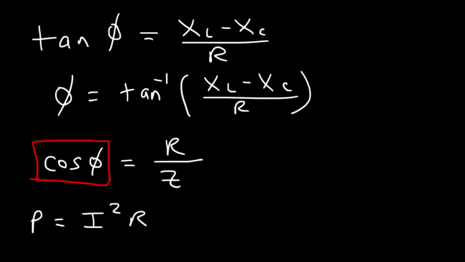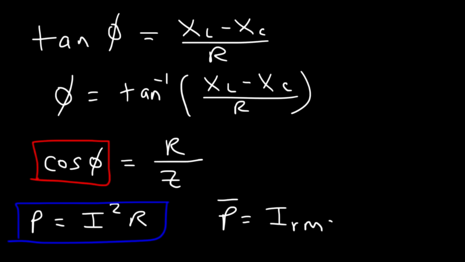So the power absorbed by the circuit is I squared R. You can also use this equation: the average power is the RMS current times the RMS voltage times the power factor. And that's basically it. These are the main formulas that you need to know for the RL circuit, the RC circuit, and the RLC circuit.